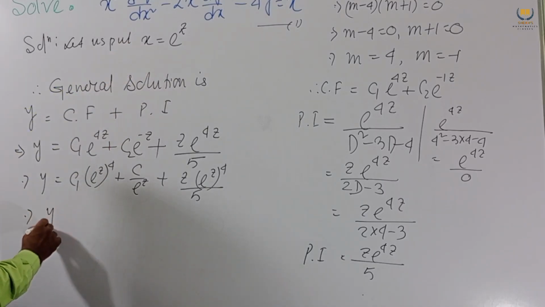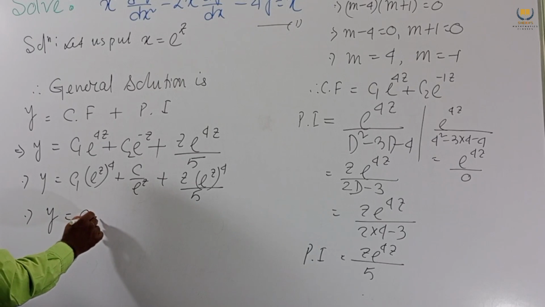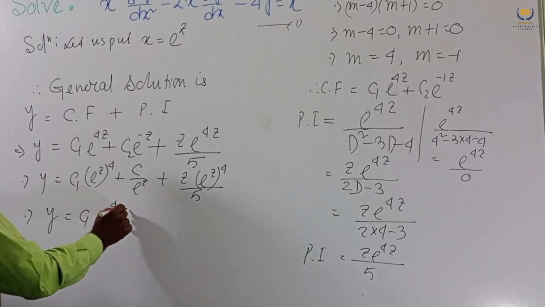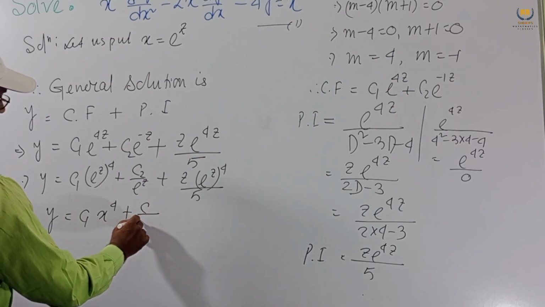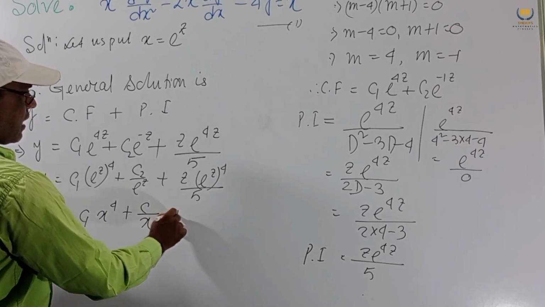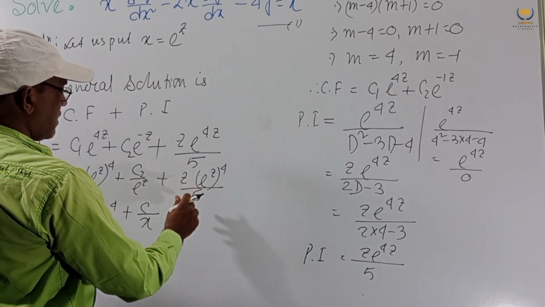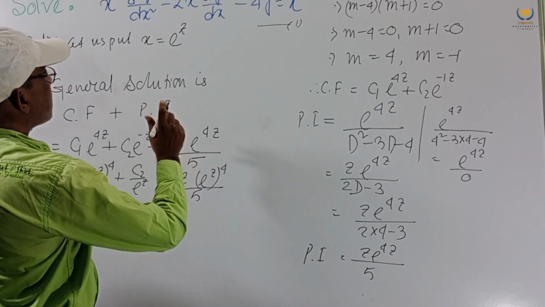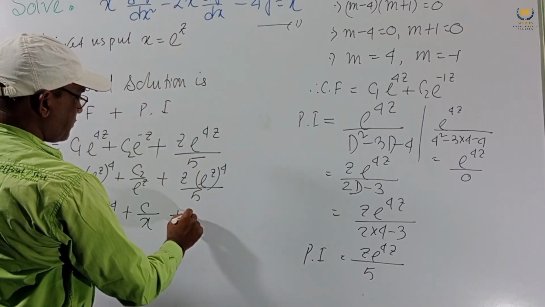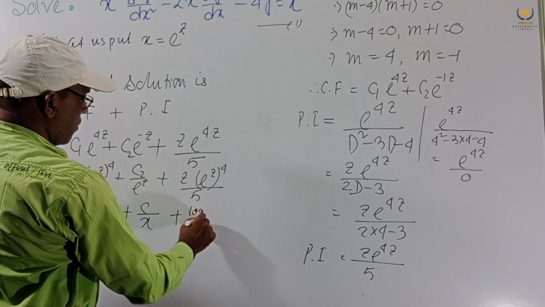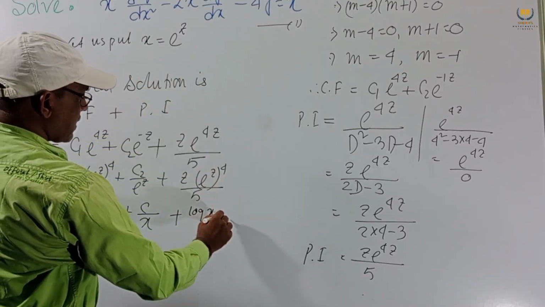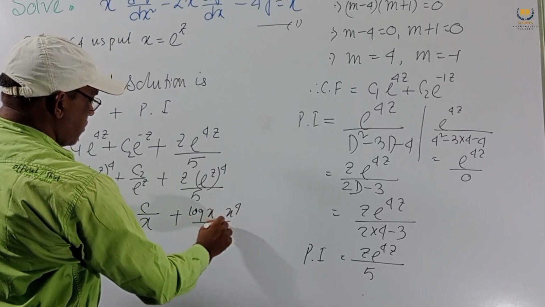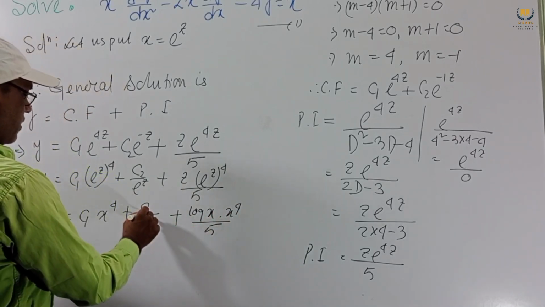So this implies y equals C1 x to the power 4 plus C2 by x, and z means log x, into e to the power z means x to the power 4 by 5.